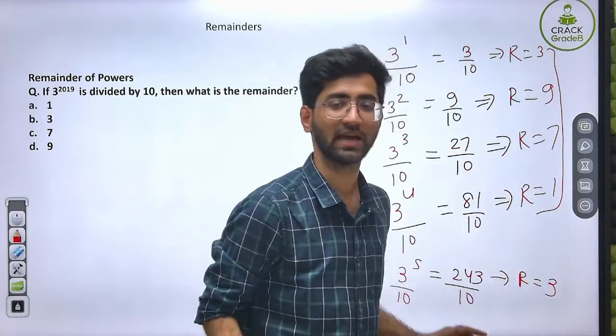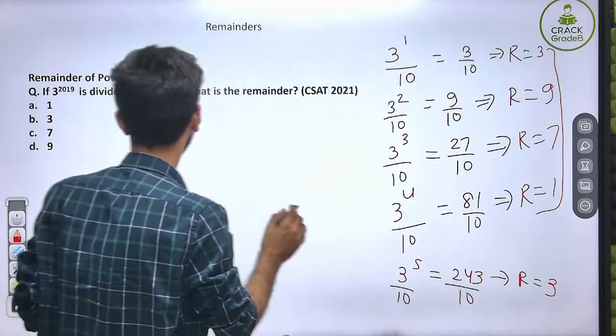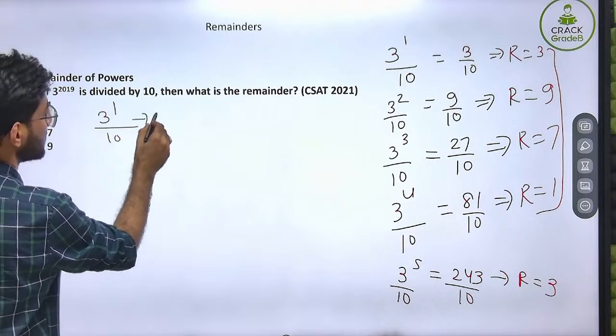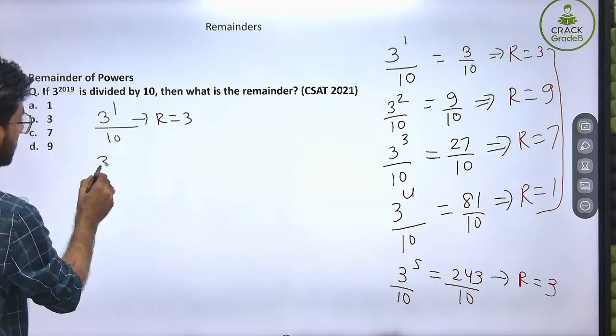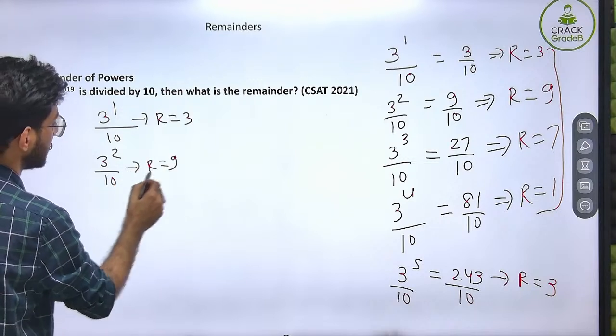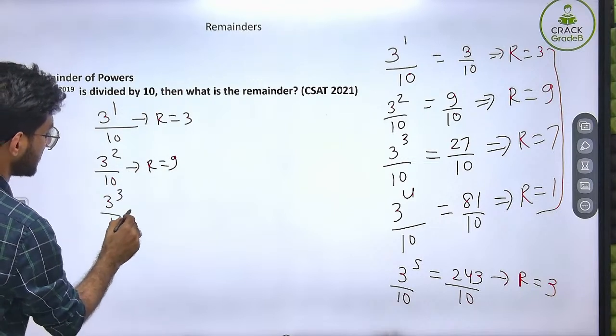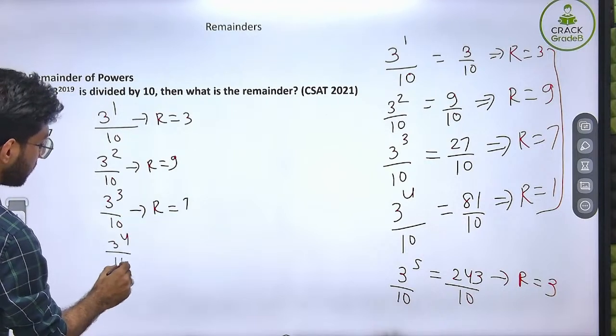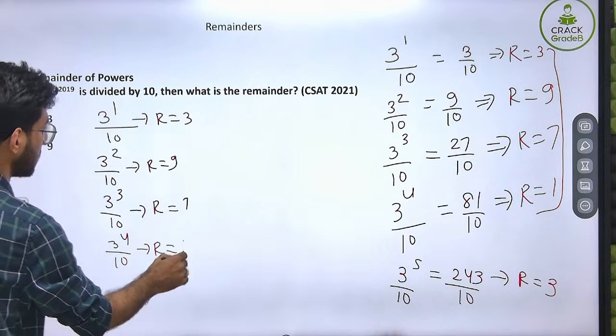3, 9, 7, 1. What does it mean? If you divide 3 to the power 1 by 10, the remainder is 3. 3 to the power 2, the remainder is 9. 3 to the power 3, the remainder is 7. 3 to the power 4, the remainder is 1.